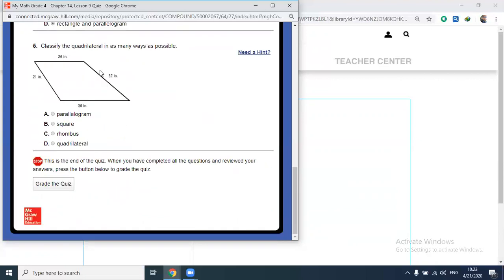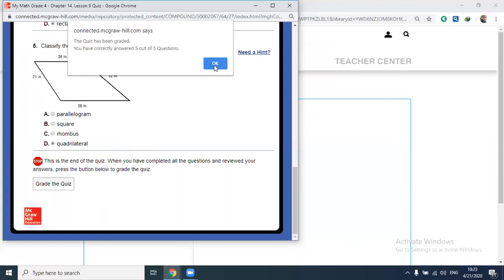Here the last one, classify this. There is no parallel side, so it would be just a quadrilateral, because it has only 4 sides and 4 angles.